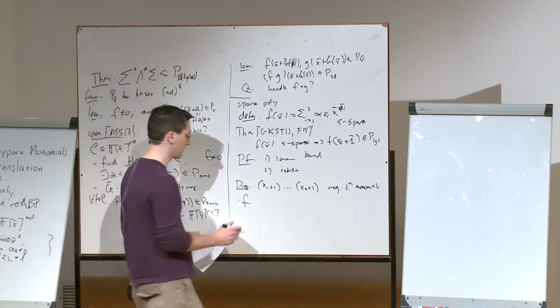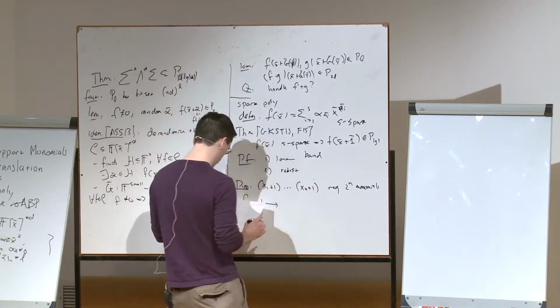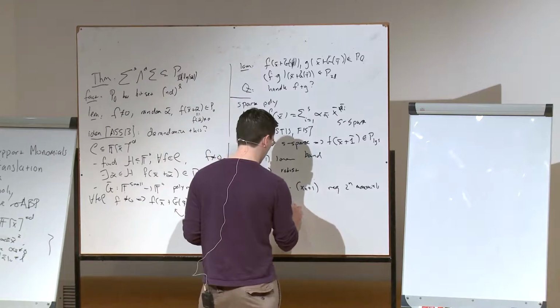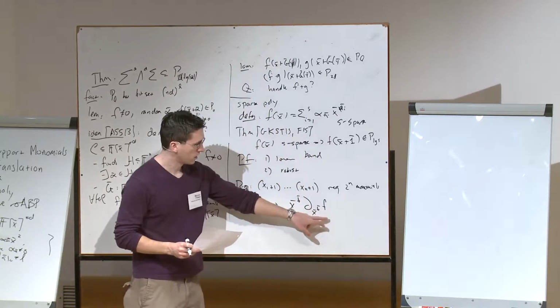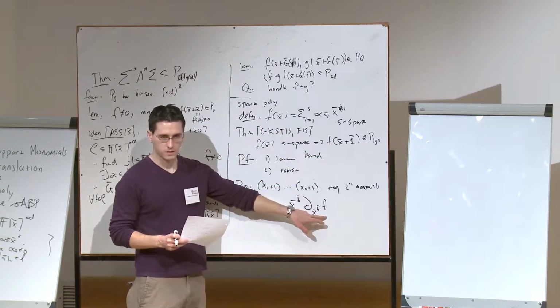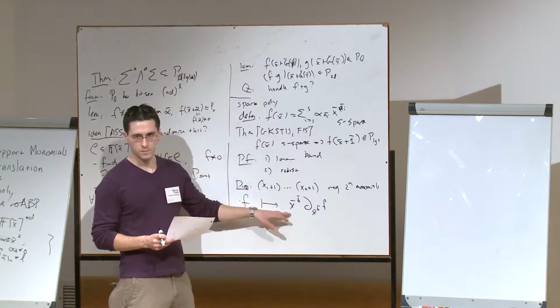And so the magic operation here is the following augmented thing. You're going to take f, take a partial derivative with respect to some monomial, and then multiply by that same monomial.